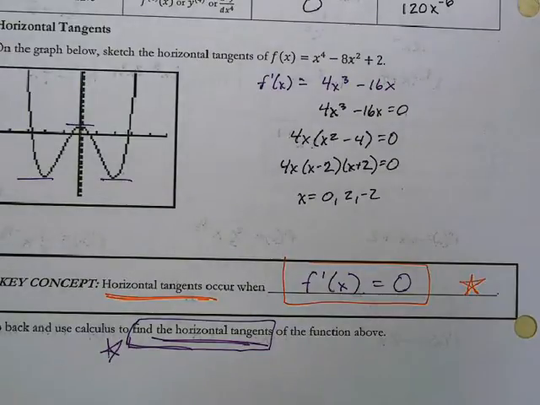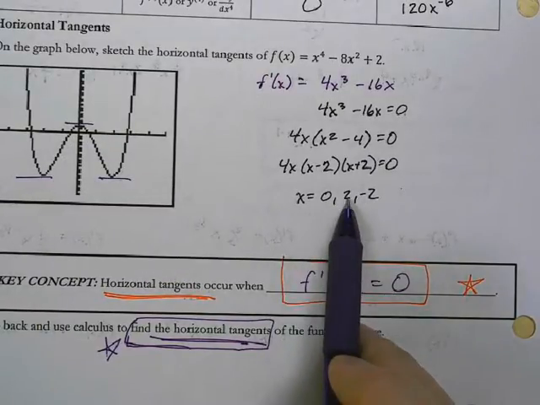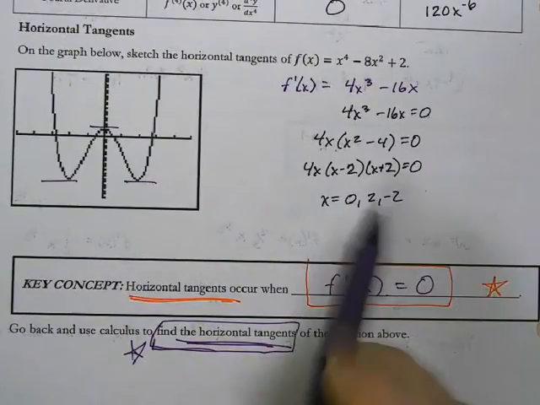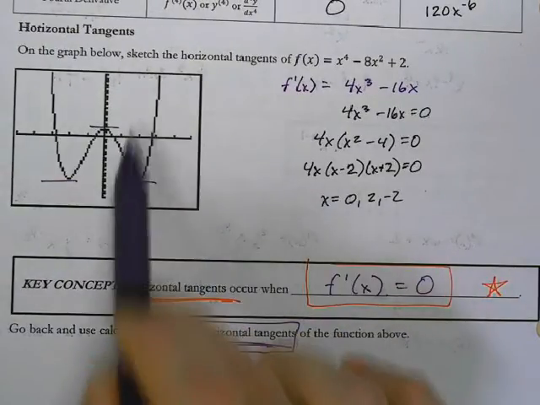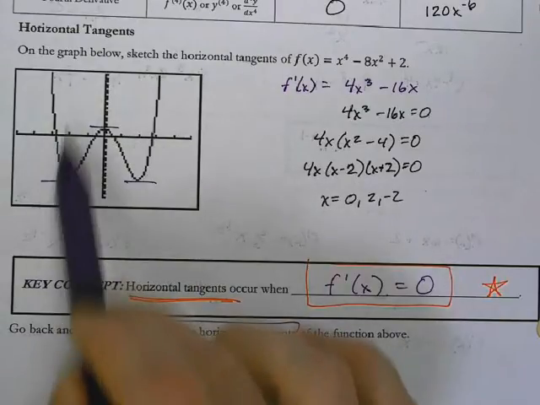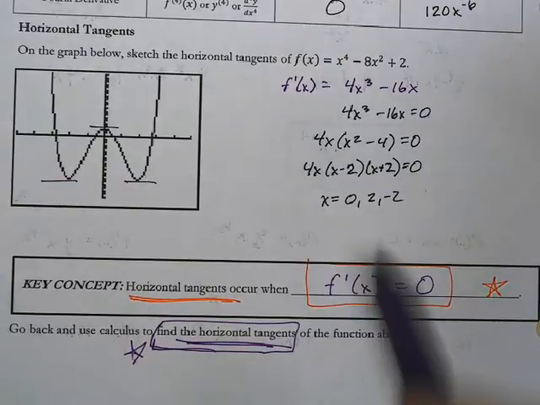Find the horizontal tangent. Is the horizontal tangent x equals 0, x equals 2, and x equals negative 2? Those would be vertical lines at 0, 2, and negative 2. Those are where the horizontal tangents occur.